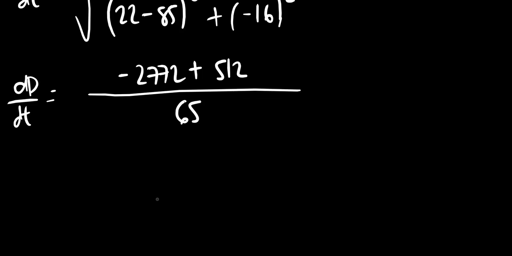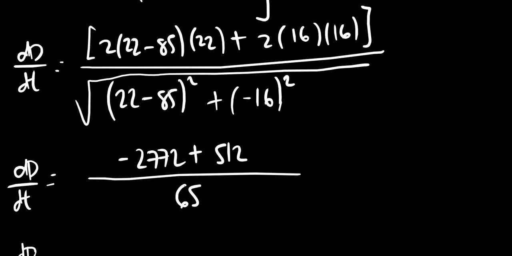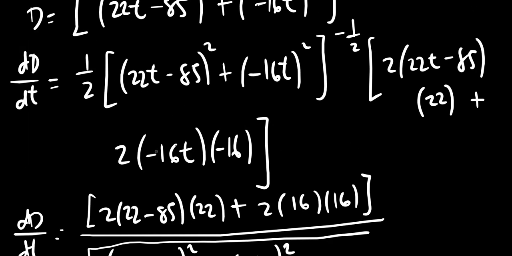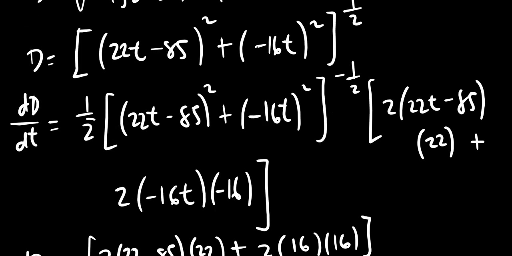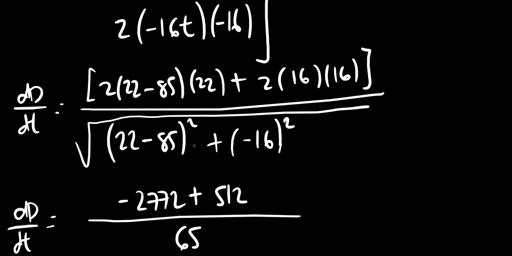So d over dt is equal to negative 2772 plus 512, so negative 2260. There should be a 2 in the denominator, because this is 1/2.